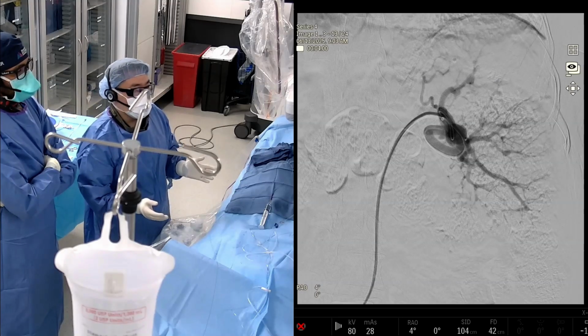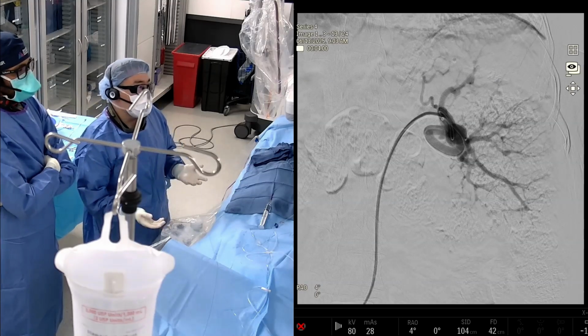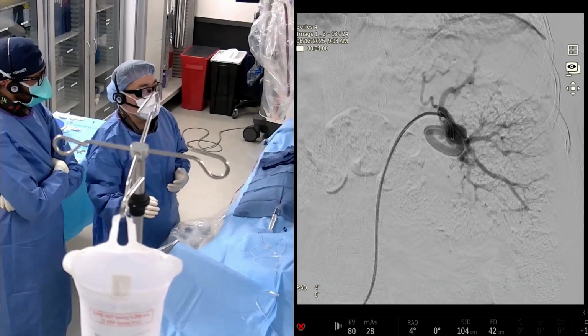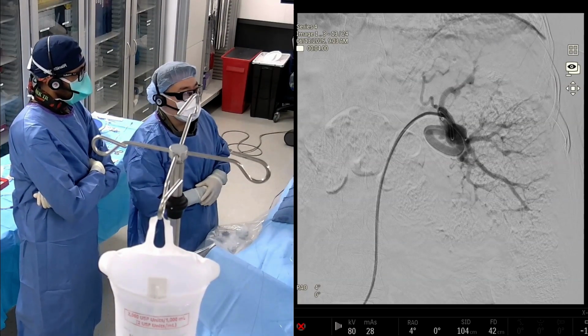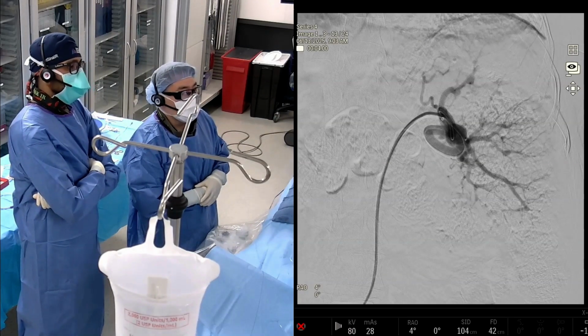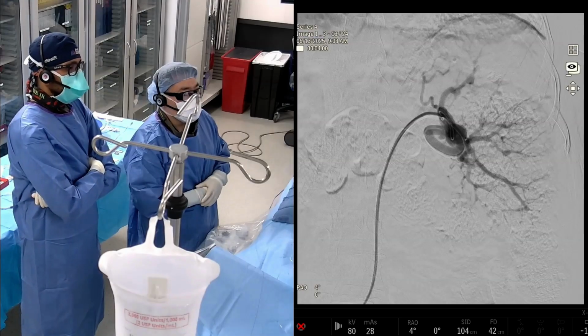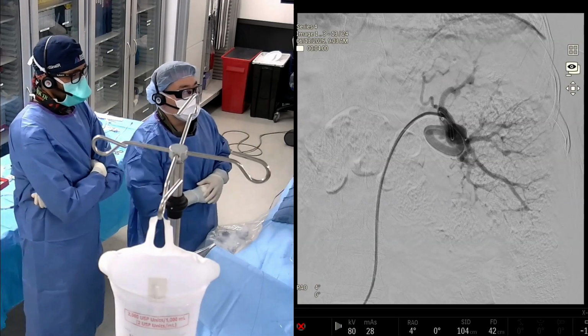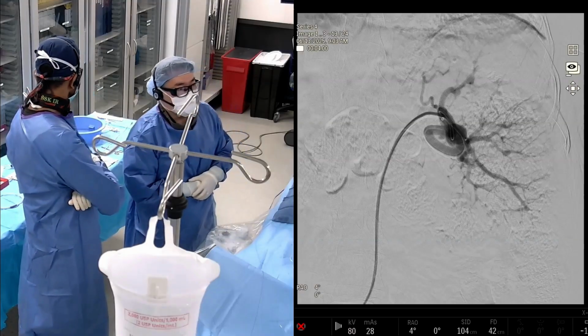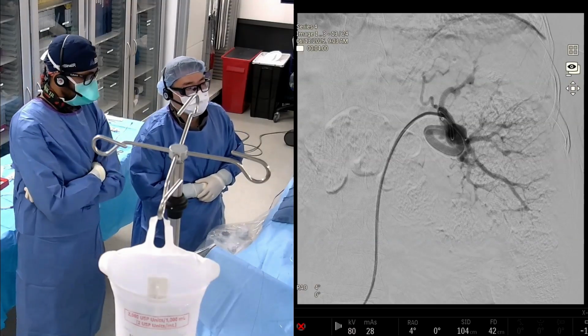We chose a 6 French system instead of a 5 French because we can do angiographies through the guide. Once a microcatheter is in position, we've coiled to see what the flow is like around that. We won't lose access; we'll just do our angiography through the guide, and it will go around the microcatheter.